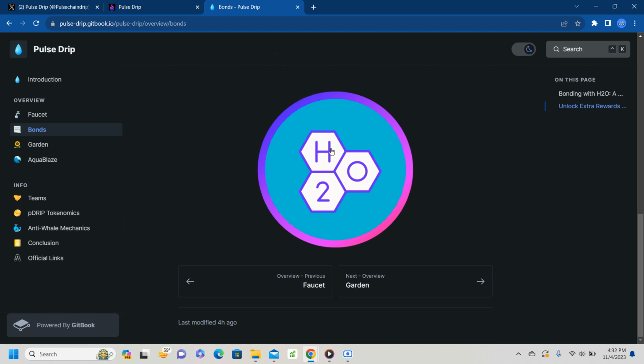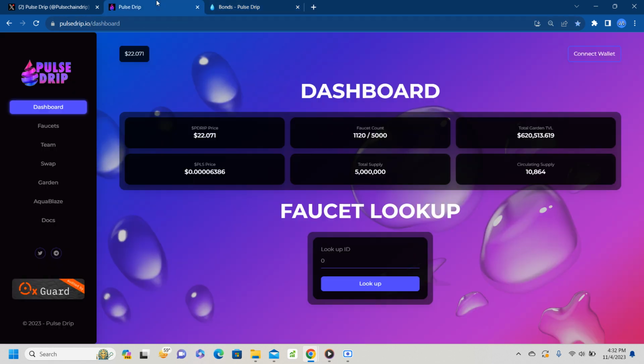Get passive income with bonds with H2O, right? Your faucet, getting that 1% per day. Your garden, where you get 300% APR on your stakes within the garden. Aquablaze, where it's PLS in, PLS out, and you essentially win PLS rewards.